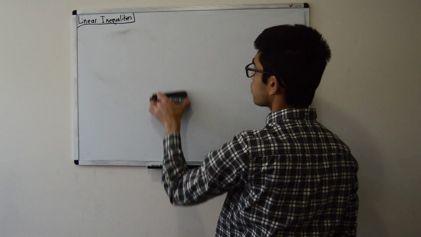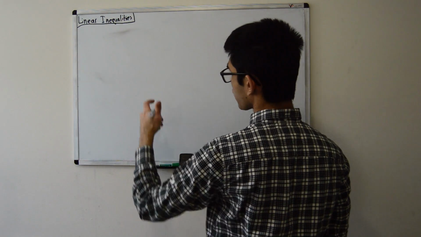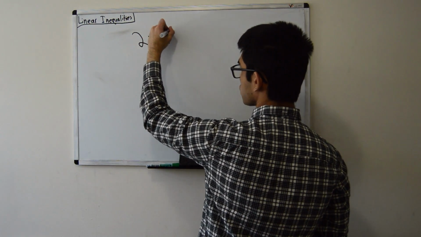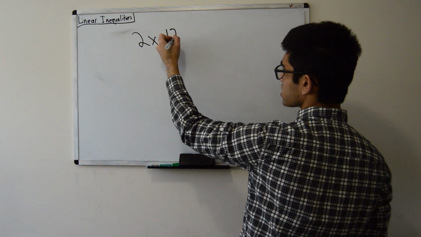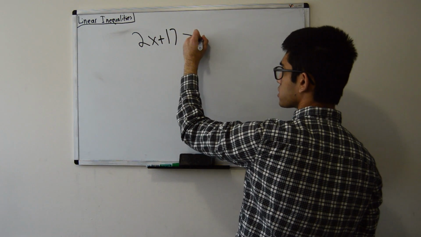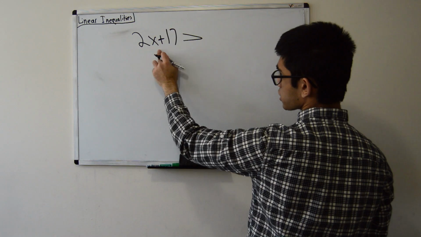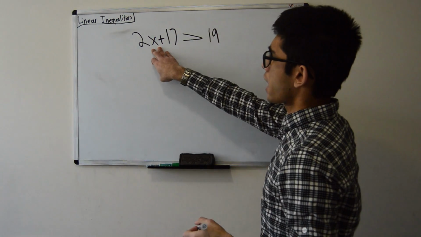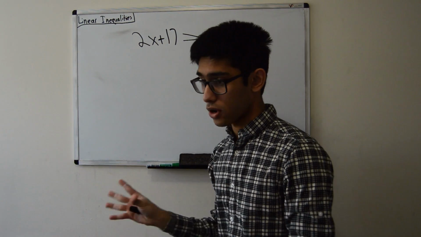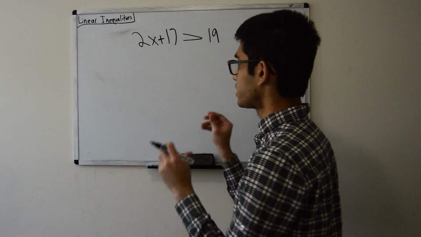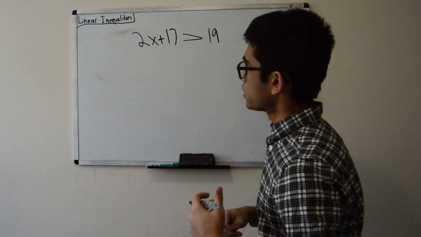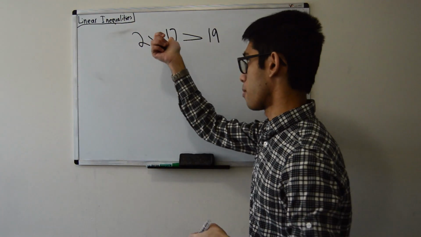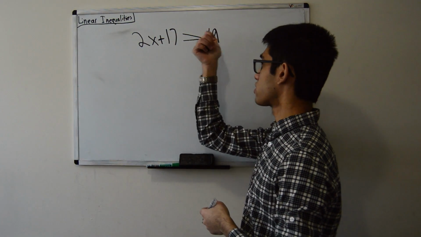Alright, now that we know that, let's do our first linear inequality, and guess what? I'm going to use the same example that we just did. So 2x, so 2 times a number, plus 17, but I'm going to put in a sign: 2x plus 17 is greater than 19. So what can x be? Before we go ahead and do our algebra and go all crazy with it, let's take a look at what this is saying. This is saying that some number times 2 plus 17 is greater than 19.